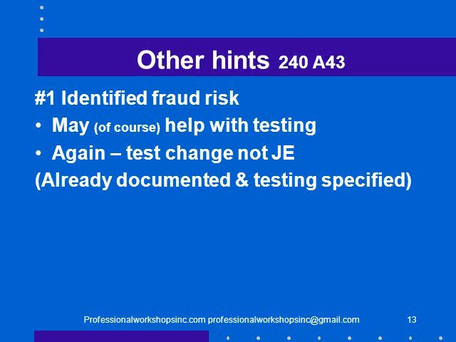We suspect that accounts receivable is way too high, and that's what we're going to test and get evidence about, looking at the journal entry that approved the big change in accounts receivable really doesn't help us much. So if we've already identified a fraud risk, we should already have documented that and already have specified testing, and it doesn't really help us with testing journal entries.